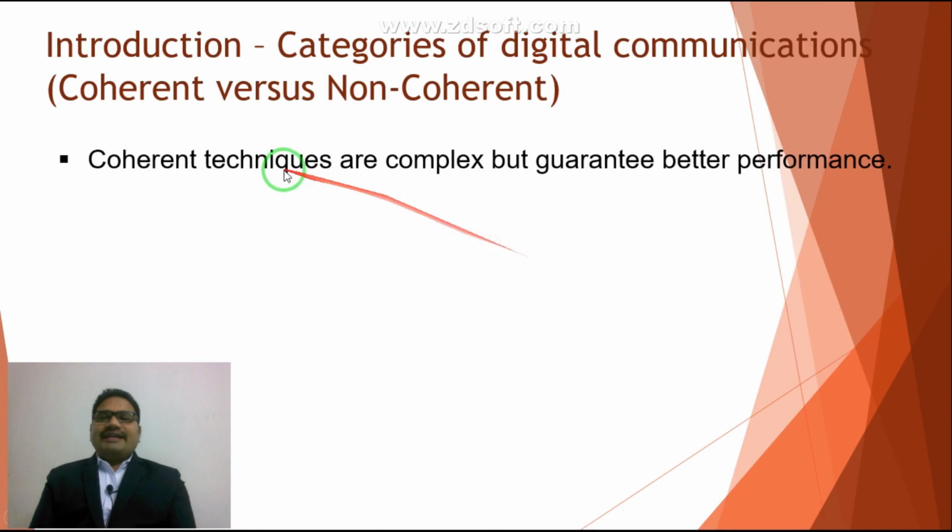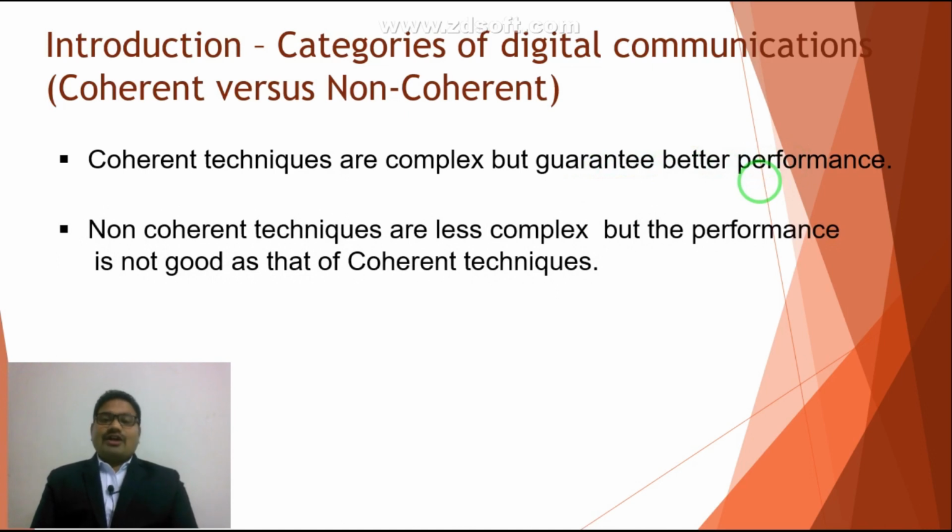Coherent techniques are complex because the transmitter and receiver need to be synchronized, but they provide a guarantee of better performance. Next, non-coherent techniques are less complex, but the performance is not as good as that of coherent techniques.